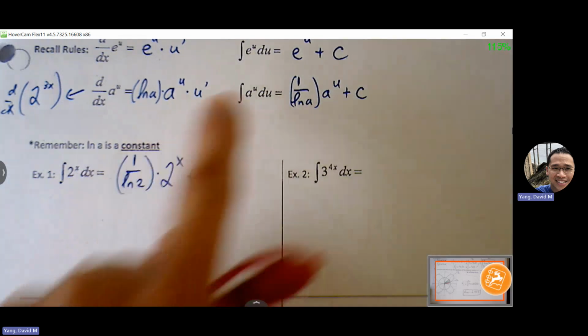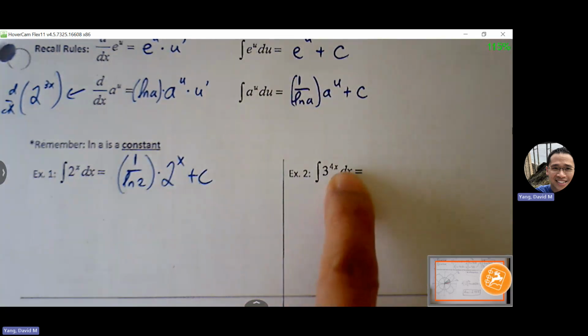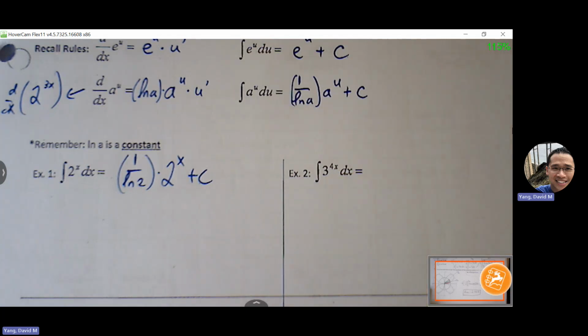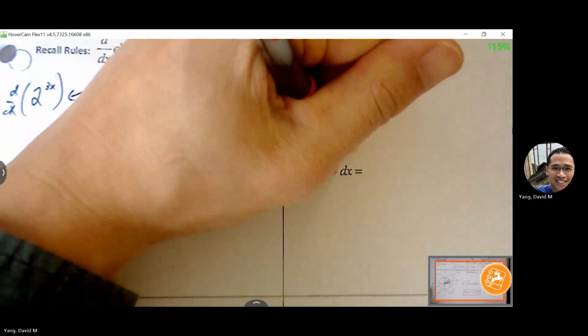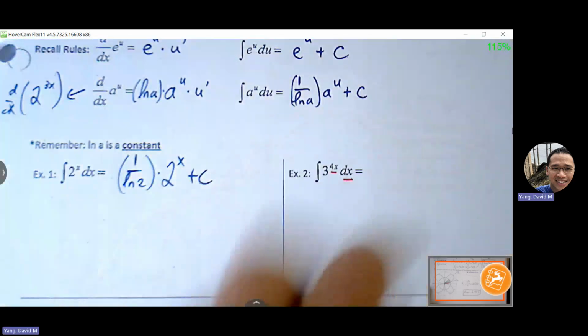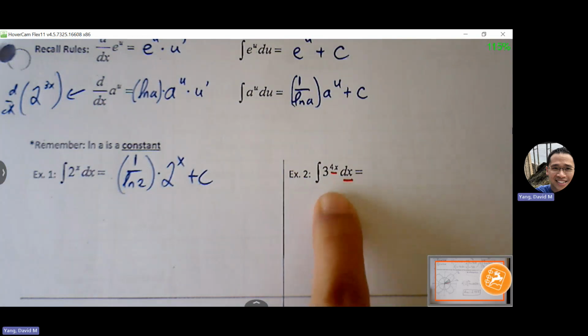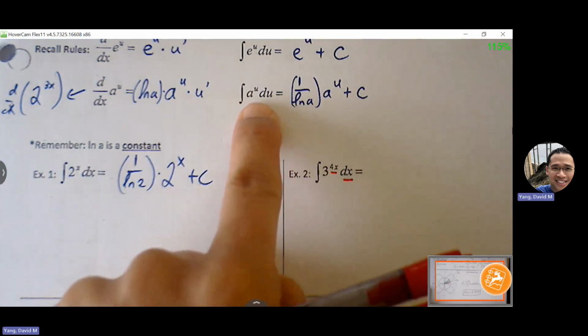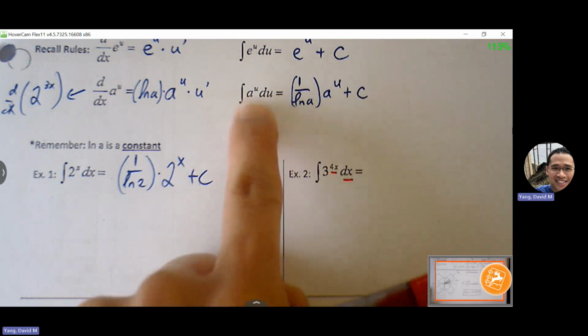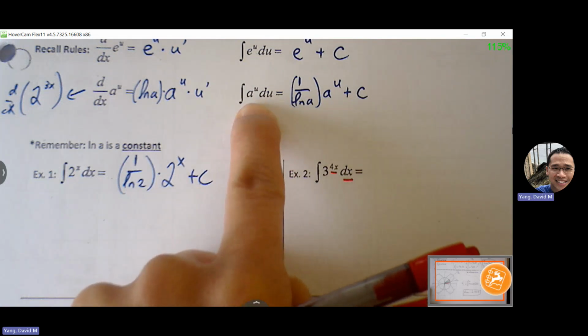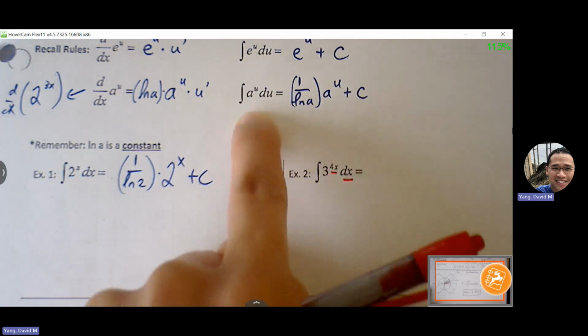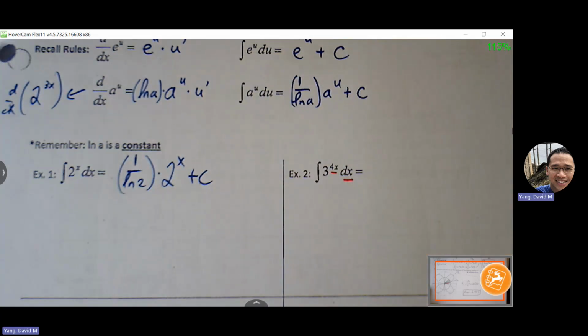That's just an easy match. But with anything more complicated than an x, we got to go through u substitution. Okay, so what's our u value? Correct. So the idea is that after we make the substitution, we're trying to make the problem look exactly like this. And then once we have it matching like this, then we can apply the rule with no issues. Okay, try that, and I'll come back with the rest of the steps.